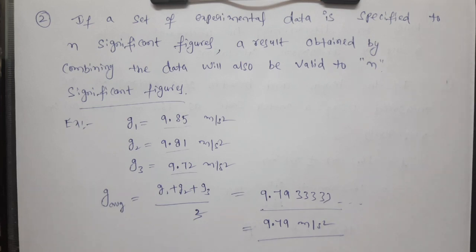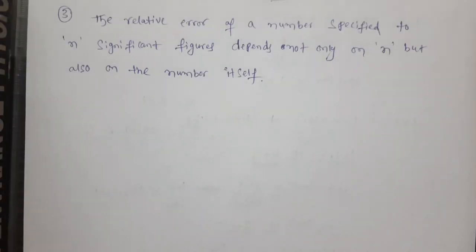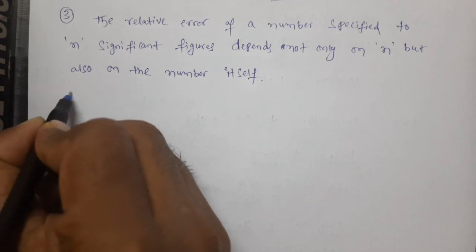Now let us see the third one. The relative error of a number specified to n significant figures depends not only on n but also on the number itself. For this one let us take an example.